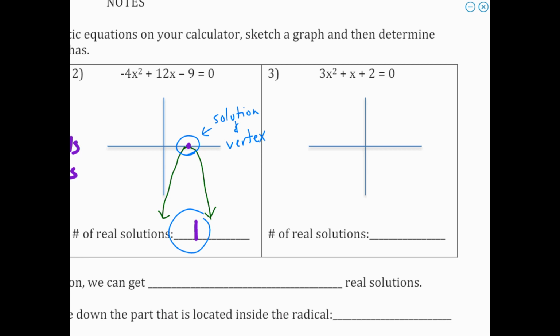Okay. So it goes up, and it doesn't actually ever touch the x-axis. So how many solutions if it doesn't cross the x-axis? 0. So a problem like this, we would say has no solutions.